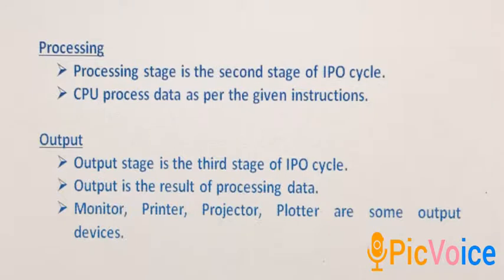Processing. Processing stage is the second stage of IPO cycle. CPU processes data as per the given instructions. Output. Output stage is the third stage of IPO cycle. Output is the result of processing data. Monitor, printer, projector, plotter are some output devices.